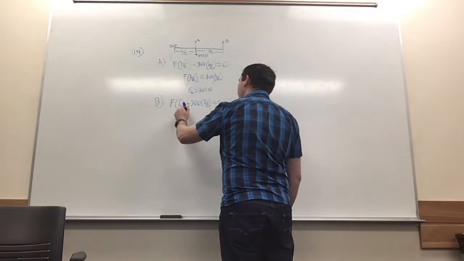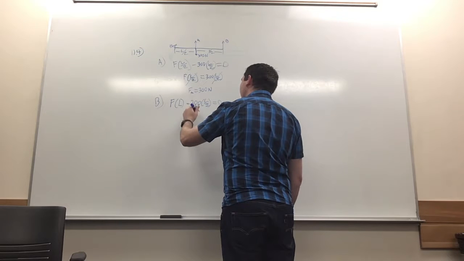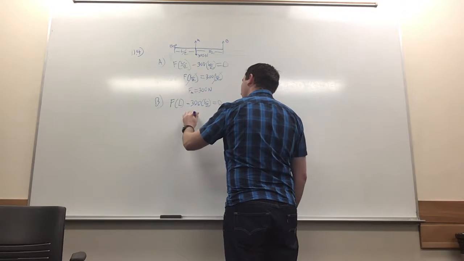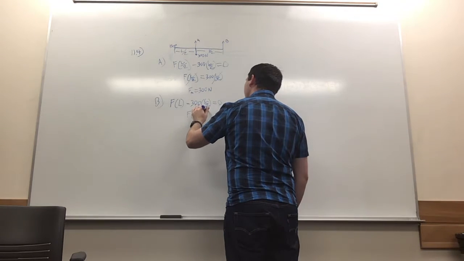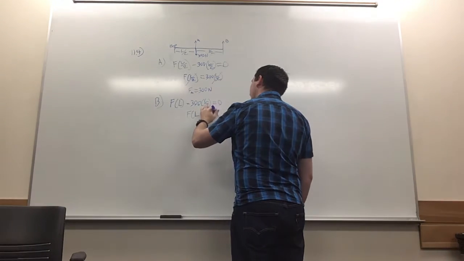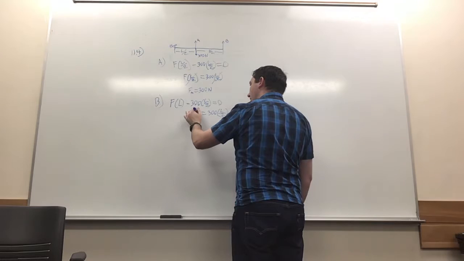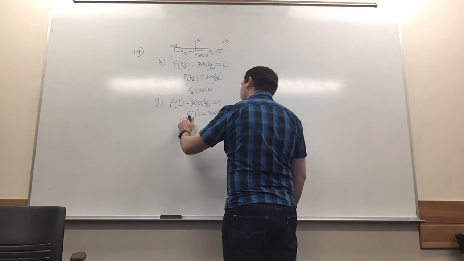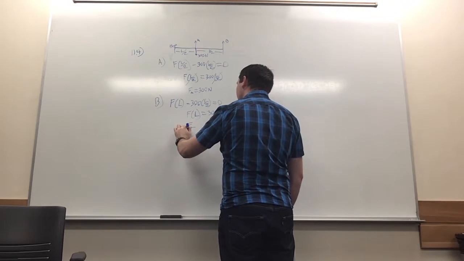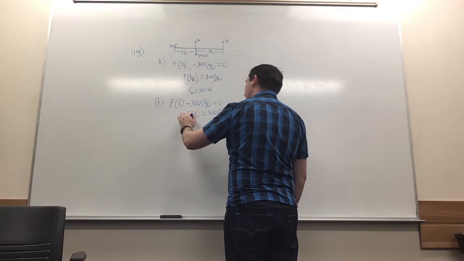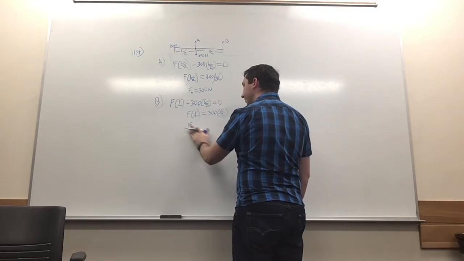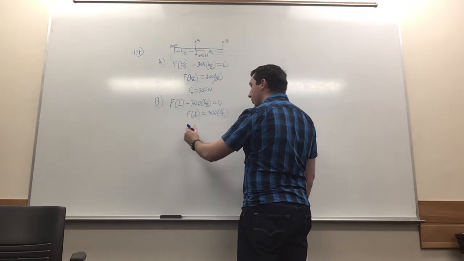So we know that the force times the length is going to be equal to 300 times the length divided by 2. So we can cancel the length on both sides.